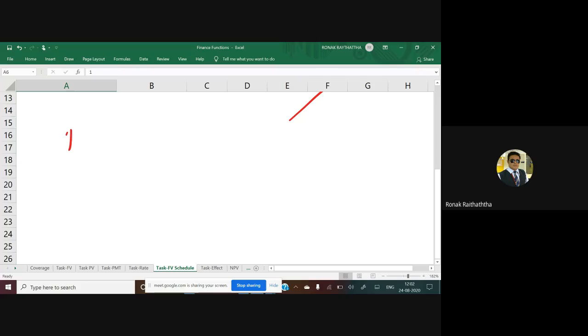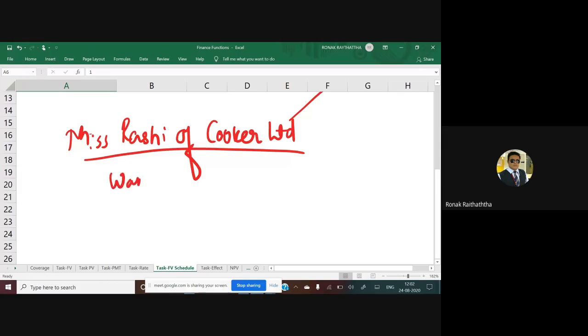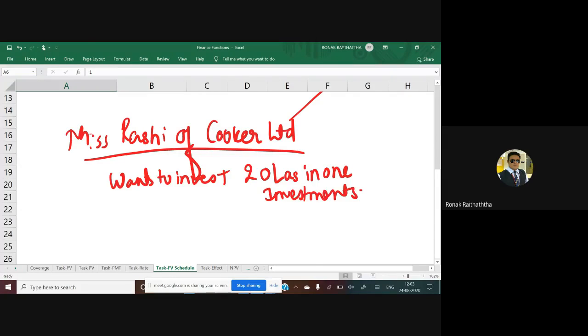Okay, so Miss Rashi of Cooker Limited wants to invest 20 lakhs in one investment. You are going to solve this in your Excel, guys.